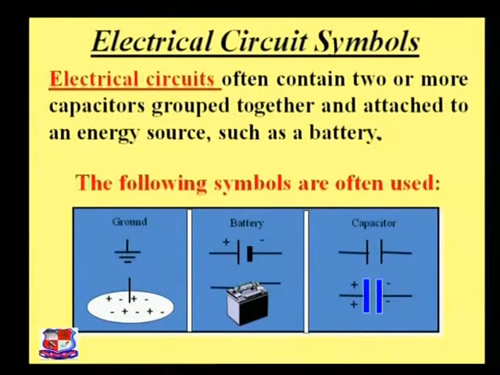The bigger lead is generally known as the positive terminal, and the smaller lead is generally known as the negative terminal, and the capacitor is indicated with two parallel plates. So just go through such kind of symbols, and by using individual symbols and combinations of these symbols, we can make any electrical circuit to solve certain problems.